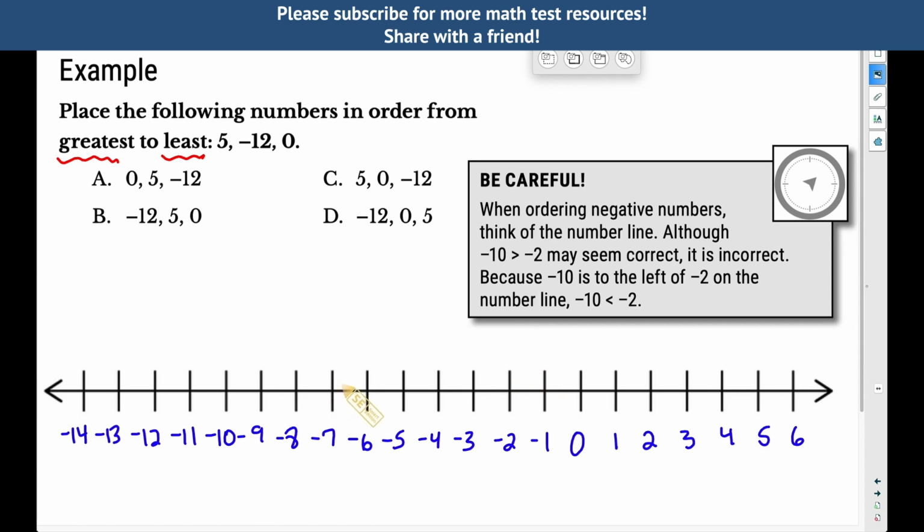Now you may notice here that it kind of looks jumbled, right? Well, you don't necessarily have to come in here and label every single tick mark. For example, if I were to erase 1, 2, 3, 4, and I erase 6, and then I come in here and erase -1, -2, -3, -4, notice this kind of gives it more organization. It doesn't look as clustered.